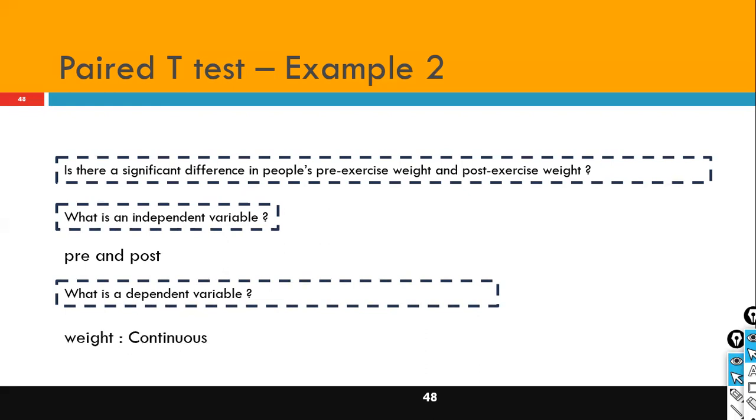And pre and post exercise are your independent variable, because your body weight can go up or down based on the exercise that you do. If you don't do any exercise, obviously your body will become obese. And if you do exercise, the weight is depending on your exercise. Your weight is driven by exercise.